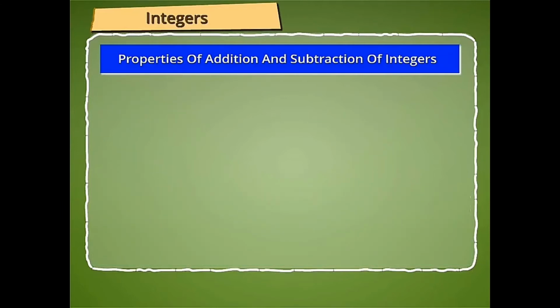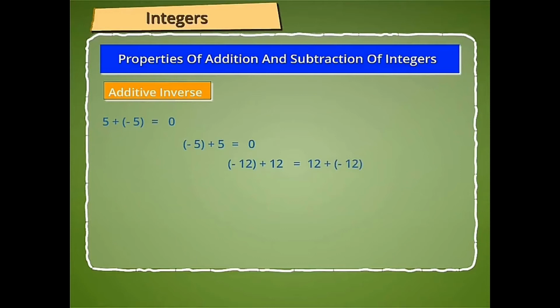Next is additive inverse. As we already know, 5 plus minus 5 is equal to 0 and minus 5 plus 5 is equal to 0. Similarly, minus 12 plus 12 is equal to 12 plus minus 12 is equal to 0.